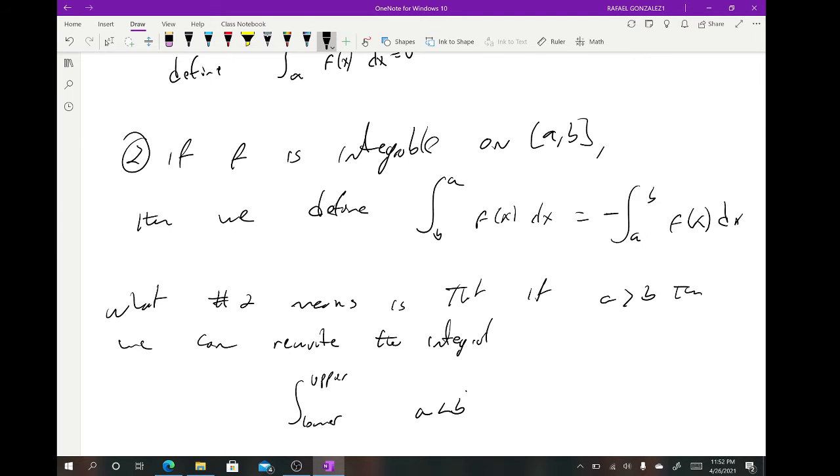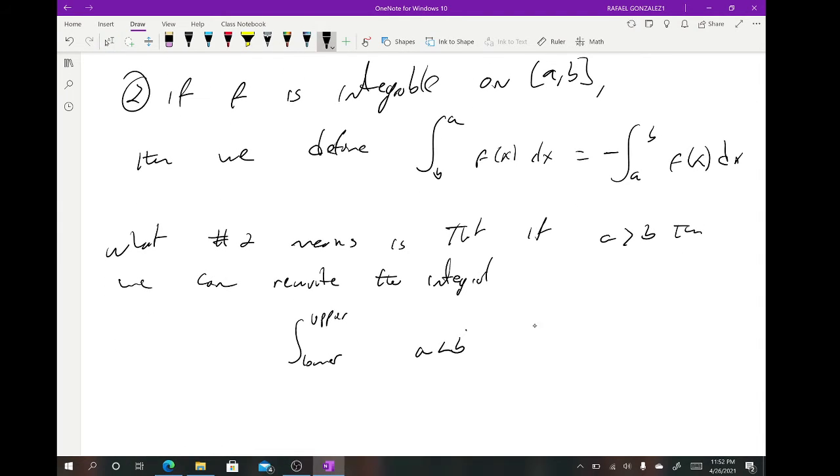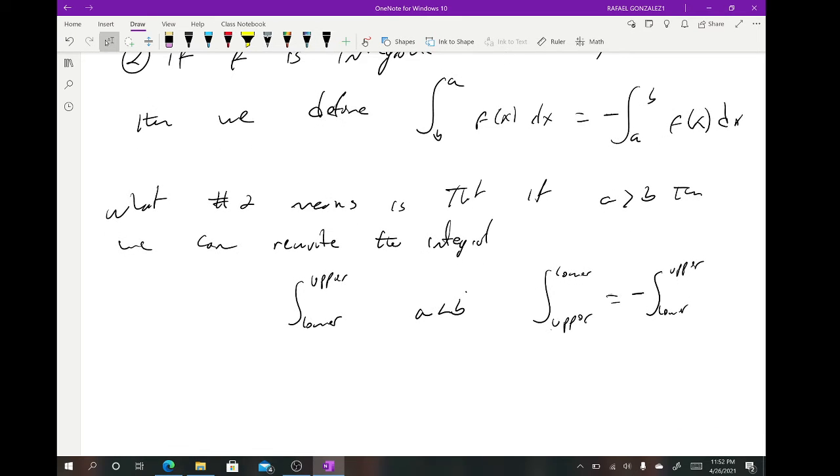Remember, b is the upper bound, a is the lower bound. But when we reverse this, we have upper to lower, then you need to rewrite it as negative lower to upper bound. So that's what's happening here. We rewrite the limits of integration from lower to upper bound, and we introduce this negative sign in front of the integral.